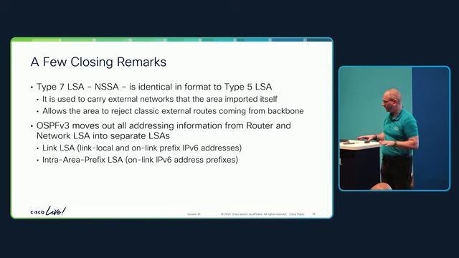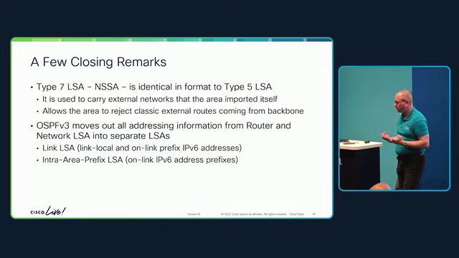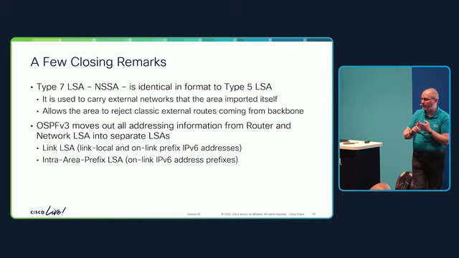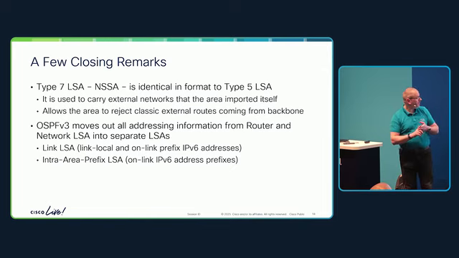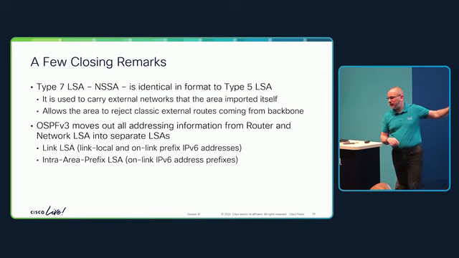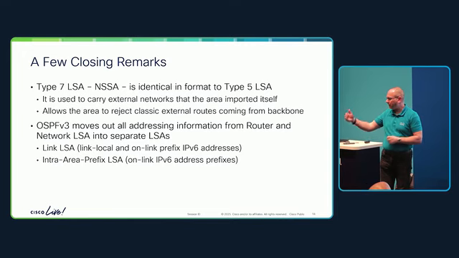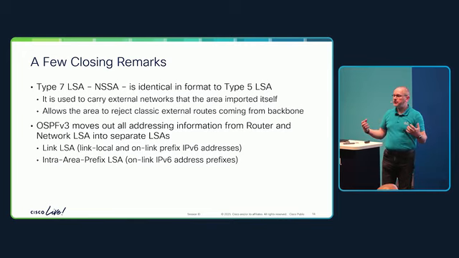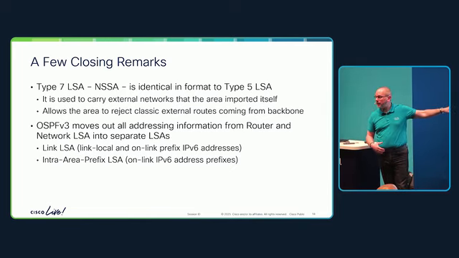Only the topology. Addressing is moved out into two other LSA types, the so-called link LSA, which only gets advertised to your immediate neighbor, and there it ends. It's not even flooded across a router. It contains the link-local addresses and on-link addresses, and the true IP addresses on the loopbacks, on the interfaces, on the interconnections, are then carried in yet another LSA type, called the intra-area prefix LSA.